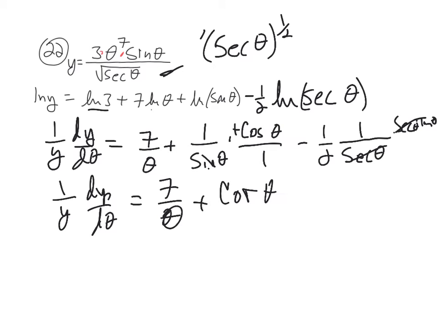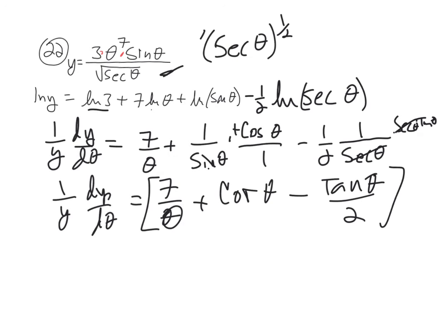Cotangent theta. And then I missed this 1/2 on one try too. So that's either 1/2 tan theta or tan theta over 2. Okay, so I'm almost there.